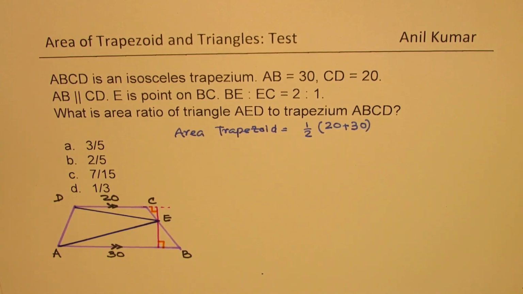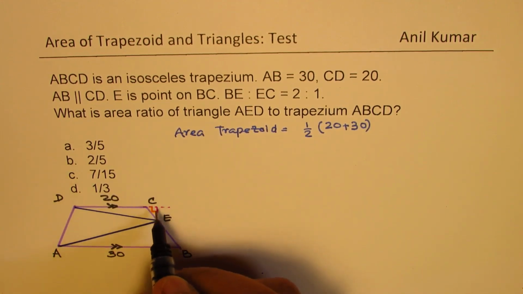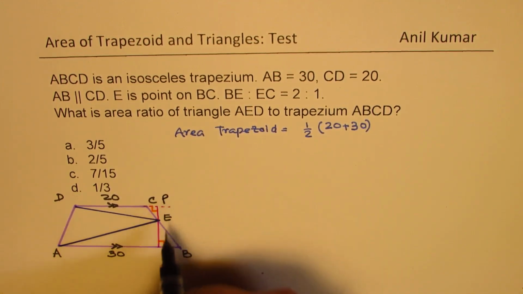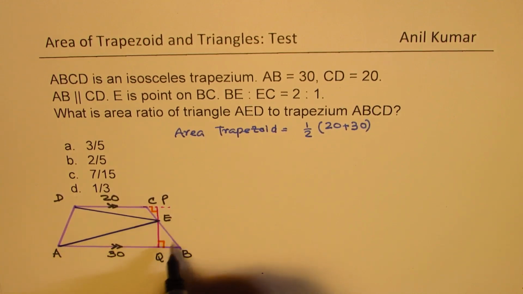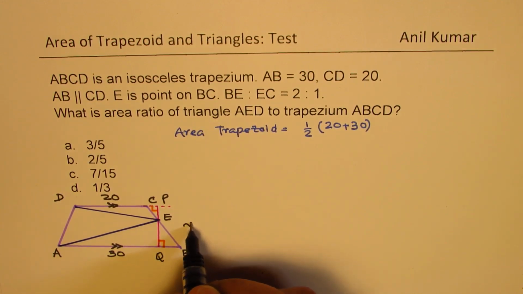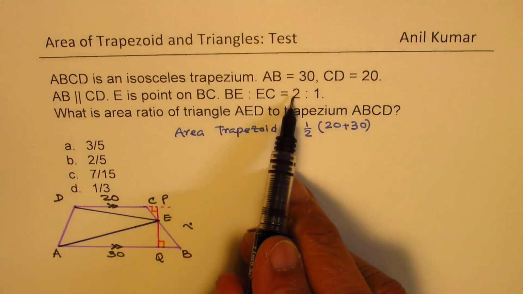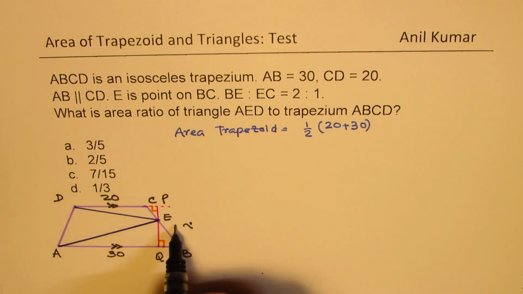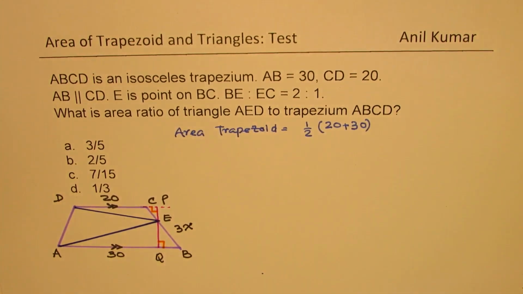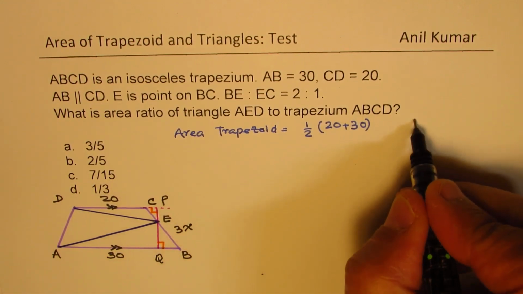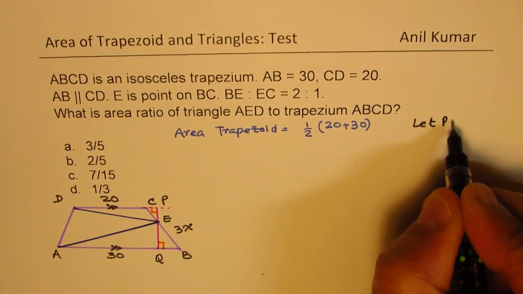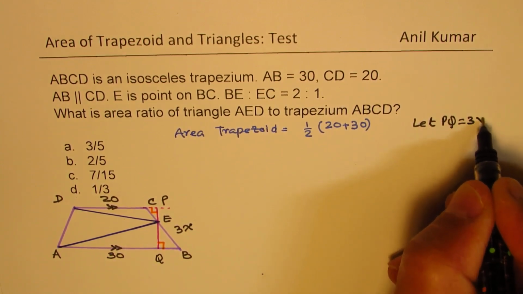So let us say that this particular length from the point, let's say P to Q, is x. Rather, we have 2:3, so we'll say let it be 3x, right? That makes sense. So let PQ equal 3x.